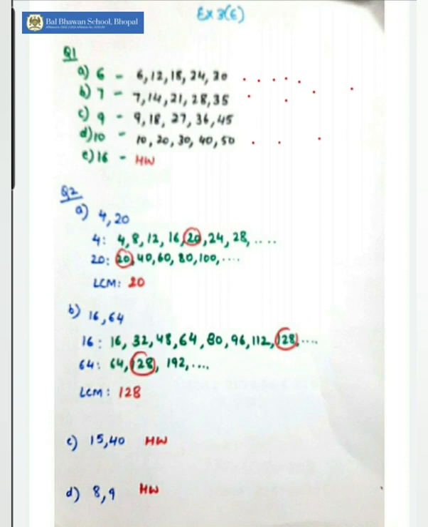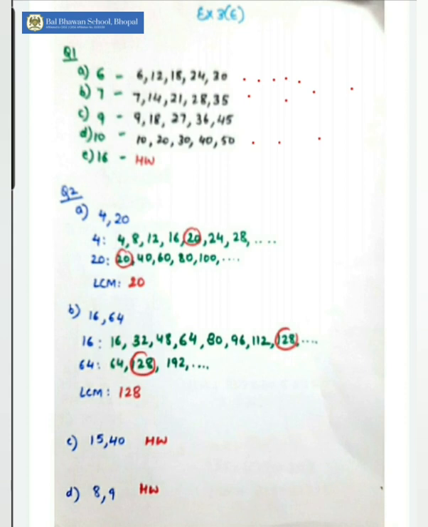Let us talk about exercise 3E, where we are going to talk about multiples and how to find out the LCM. The first question is to find out the multiples of the given number. Here we have to find the first 5 multiples of the given number.